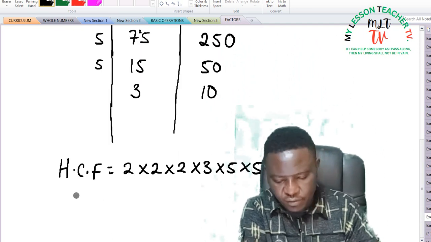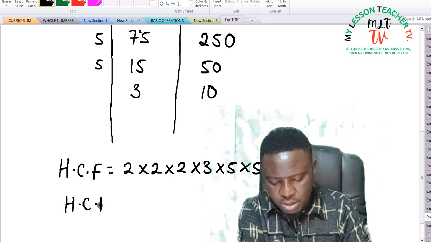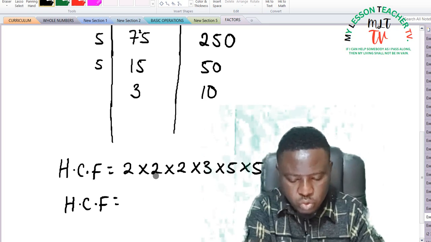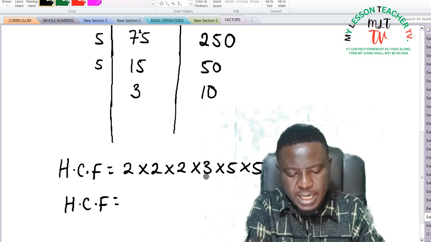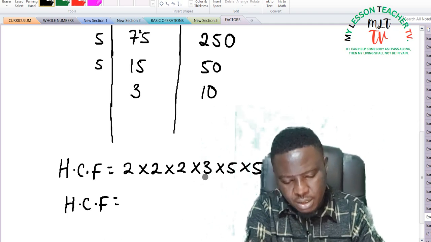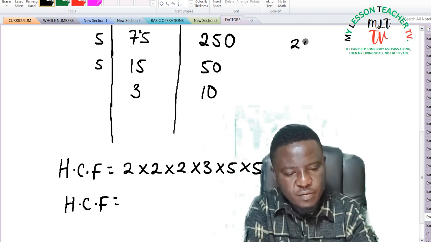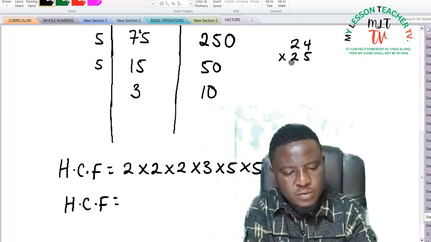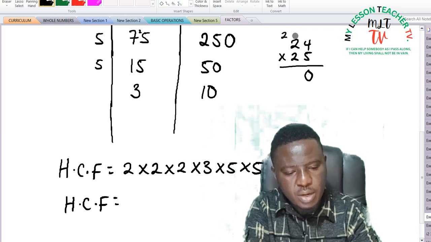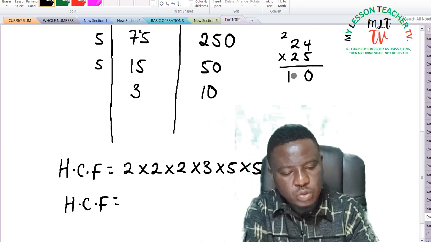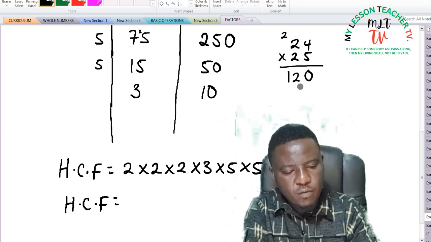So the HCF of these two numbers is equal to 2 times 2 is 4, 4 times 2 is 8, 8 times 3 is 24, 24 times 25. 4 times 5 is 20, you write down 0 and carry 2, 5 times 2 is 10, plus 2 is 12, 2 times 4 is 8, and 2 times 2 is 4.